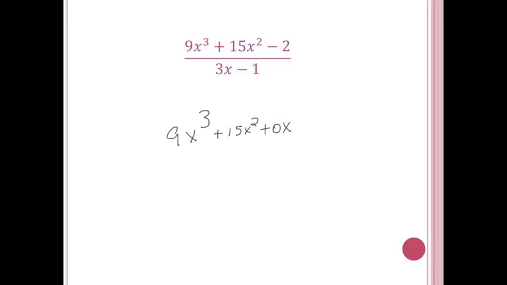Remember, we're missing a power of x, so that has to be a placeholder. Minus 2. And then we're dividing by 3x minus 1.